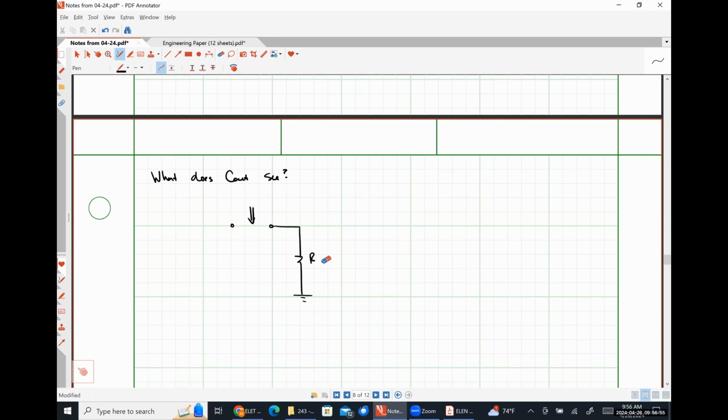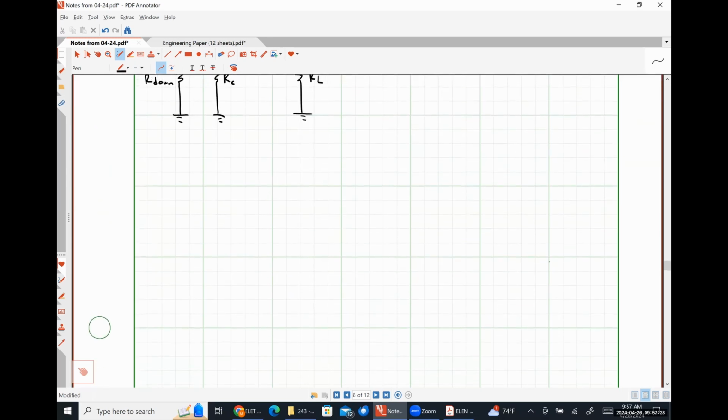Here's RC. And here is what I'm going to call R down. So the resistance seen by the capacitor C out is just RL plus RC in parallel with what I'm calling R down. So let's see, we would have our base terminal grounded.